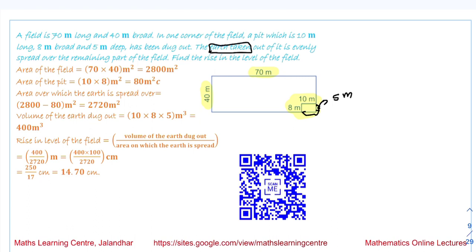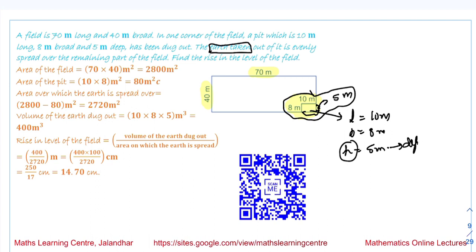So first of all, we have to calculate how much mud will be removed. That will be basically the volume of this pit. So volume of this pit will be length, breadth and height. Length is 10 meter, breadth is 8 meter and height is 5 meter. Over here height means this depth basically.